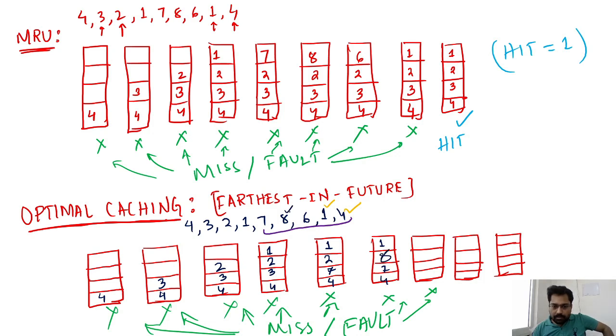Now the next one, 8, 7, 4 was there, 6 came. Anything could be changed excluding 1 and 4. Others are considered a hit. 8, 6 and 4 came.